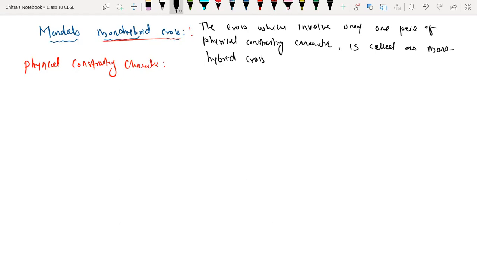The physical contrasting character we are using here is the color of the flower.